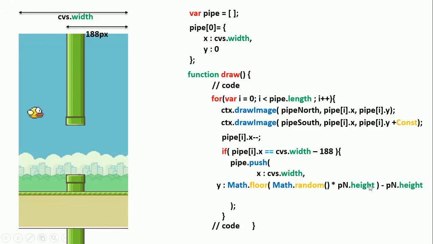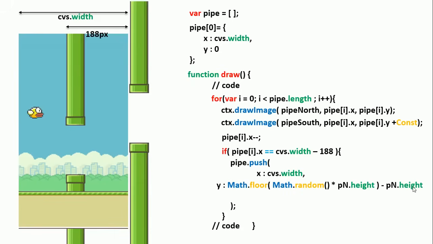So in this case we will get numbers between 0 and minus the pipe height. And so then we'll get new pipes, for example, right here. And so on. When these pipes reach this position, we will push new coordinates to our pipe array.